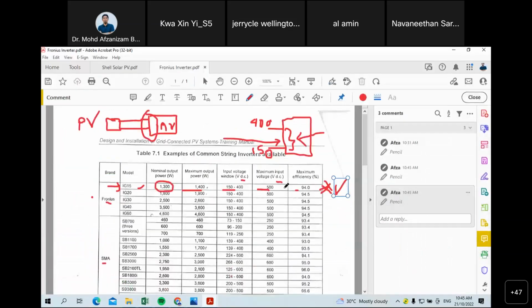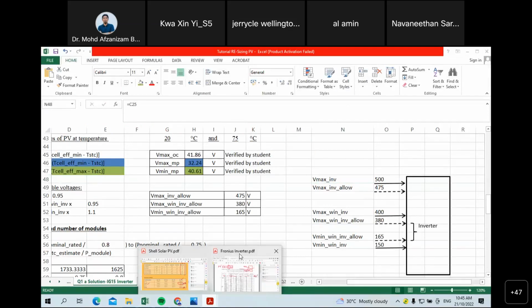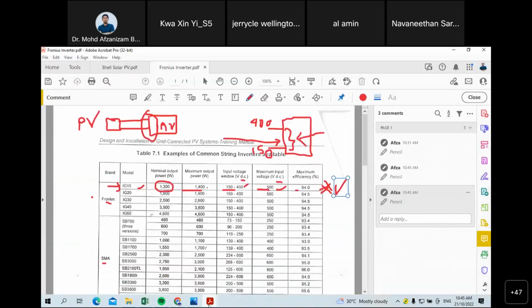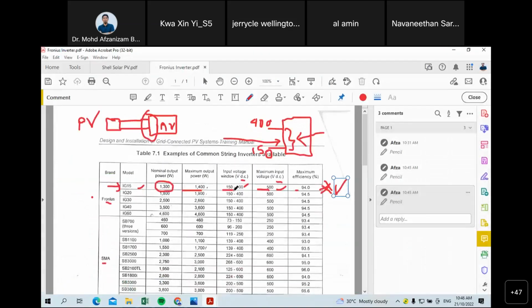The V window inverter max is 400, and the V window inverter min is 150, referring to this one.